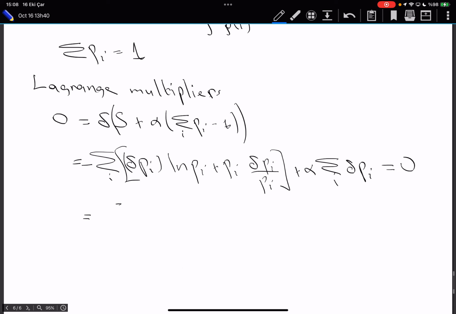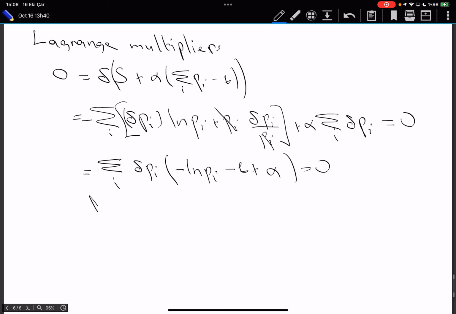Or if I combine everything and take out the variation in pi, what I have is minus logarithm of pi minus 1 plus alpha should be equal to 0, or logarithm of pi should be alpha minus 1. Pi should be e to the power alpha minus 1.